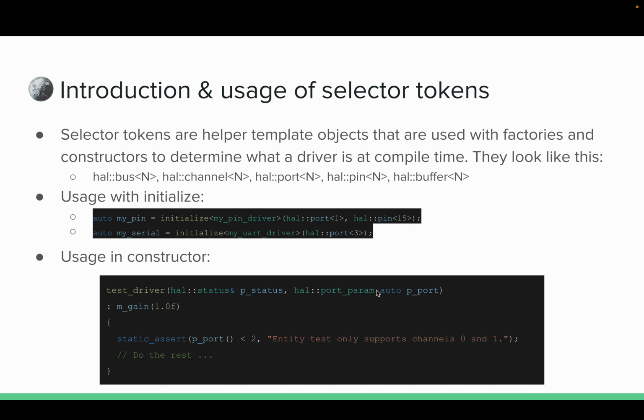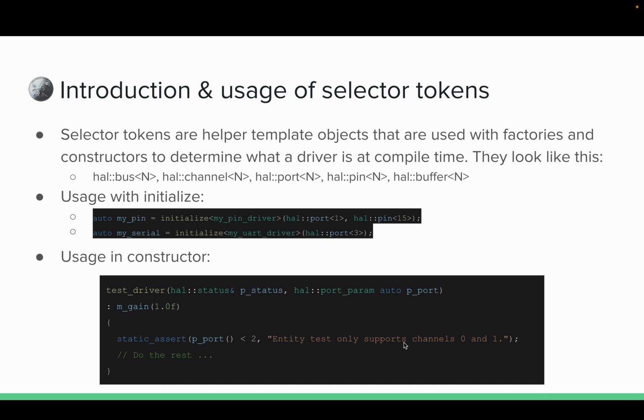We take a port param, then you can call it on itself, and it'll return back the value that you sent in this template argument. And if it's less than a certain number, you can evaluate it at compile time, and then you can spit out a message.